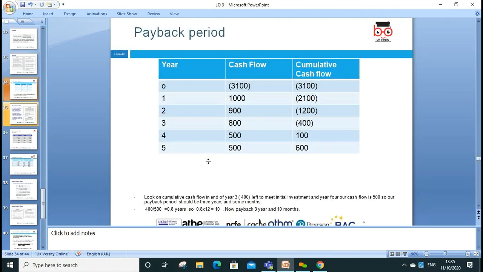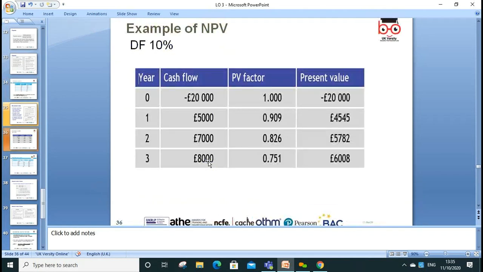Next, we use the discount factor tables, and we can use the formula as well. The formula is 1 divided by 1 plus R. R is the discount rate, by which we depreciate the value of the money.